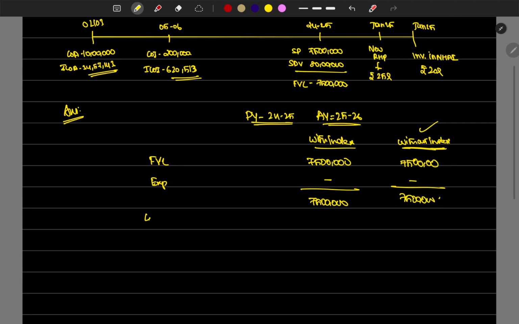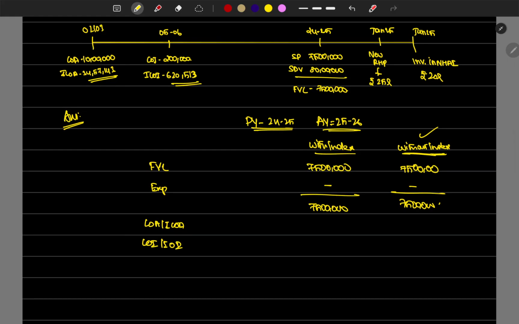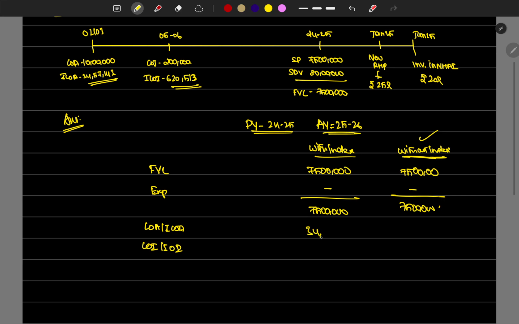COA or ICOA? COI or ICOI? With indexation, we have to take ICOA, which is 34 lakhs 57,143. ICOI is 6 lakh 20,513. Without indexation, cost of acquisition is 10 lakhs and cost of improvement is 2 lakhs.